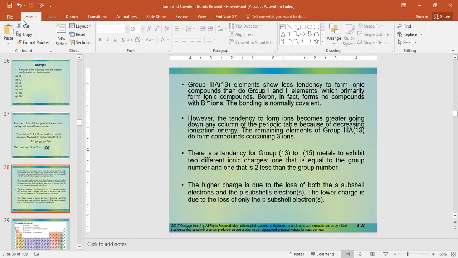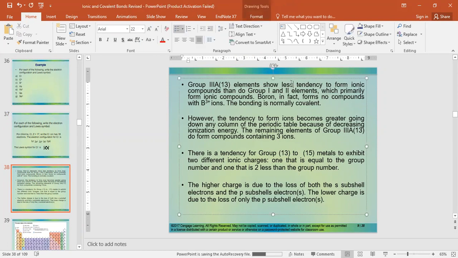Now, when we talk about group 3A, and I like calling them group 13 elements, they will show less tendency to form ionic compounds compared to group 1 and 2. The less tendency here is something that we are going to explain. For example, in group 13 you have boron, aluminium, and you go down.